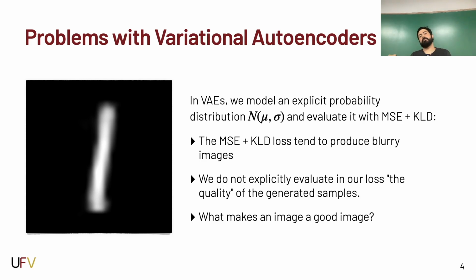But the point that I want to make here is that if you remember the loss function of VAEs, which is just a mean squared error plus a KL divergence, we are not explicitly encoding image quality here, right? Ideally, we should have some sort of mathematical formula that represents how good an image is, and we want to put that in the loss function, right?